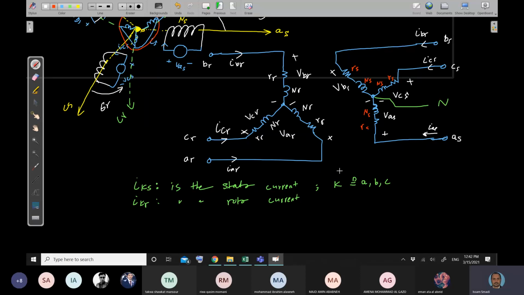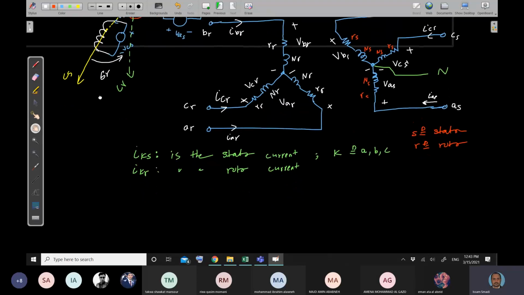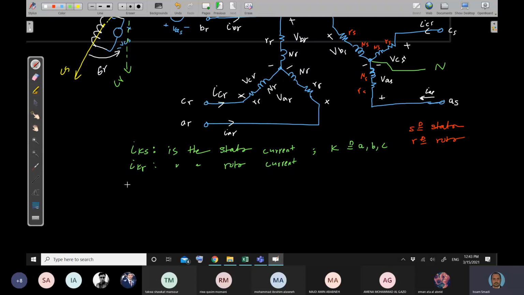So if you notice here, I'm using S to stand for the stator, and I'm using R to represent the rotor. Now the same thing, I can write VKS as the stator phase voltage, and VKR as the rotor phase voltage.